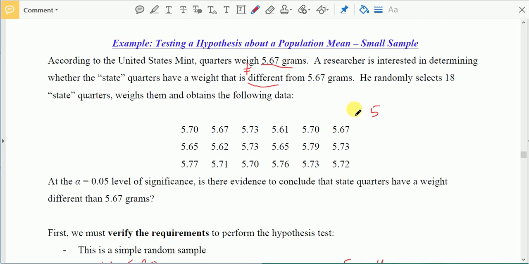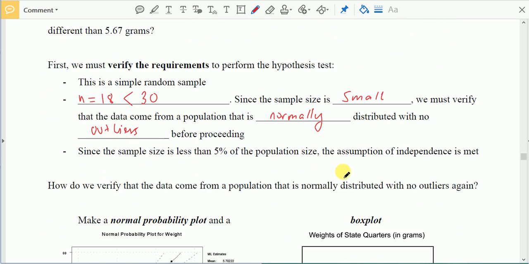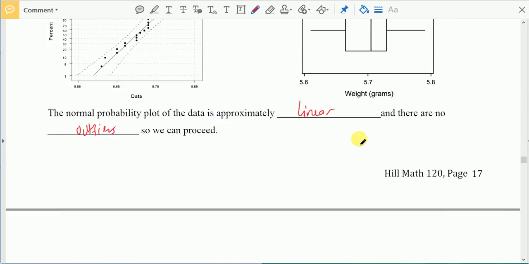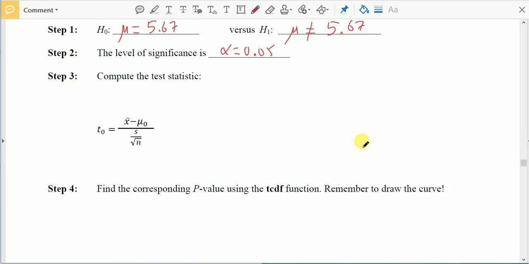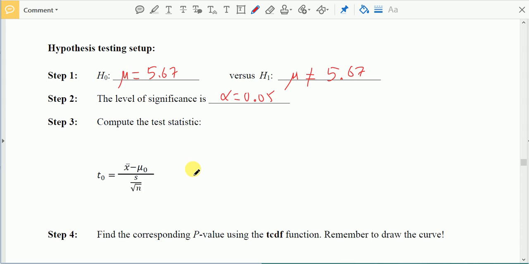So for x bar, you're going to add 5.70 plus 5.67 plus all of them together until the last one, and you're going to divide by 18 because there are 18 of them, and you should get 5.7022, around that. So now that is the x bar. So we come down here and we compute the test statistic.